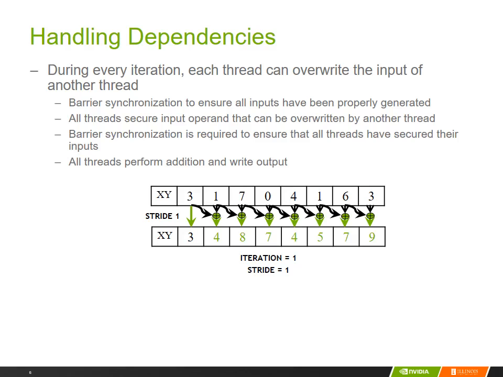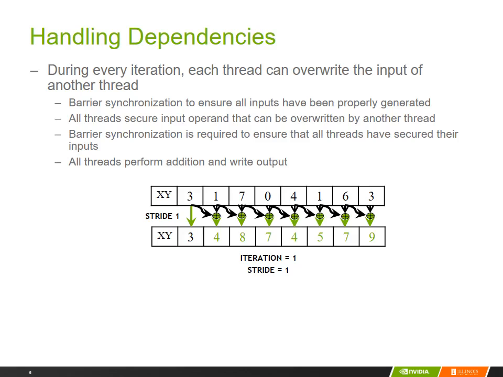So this tells us that we need to have barrier synchronization in each iteration to make sure that all the input values have been used or secured by their neighbors. Also, before we proceed to the next iteration, we need to make sure that all the input values have been properly generated.